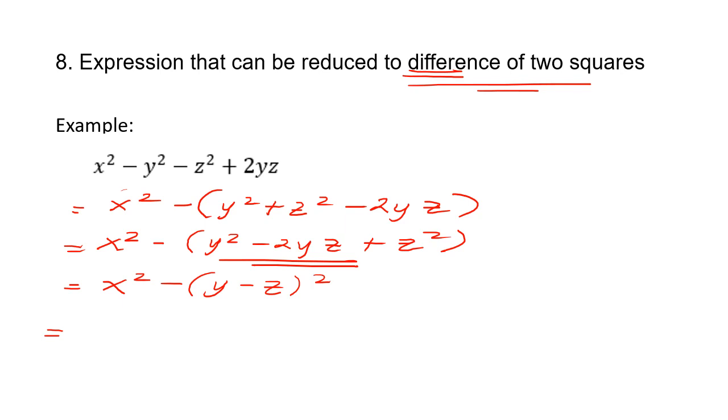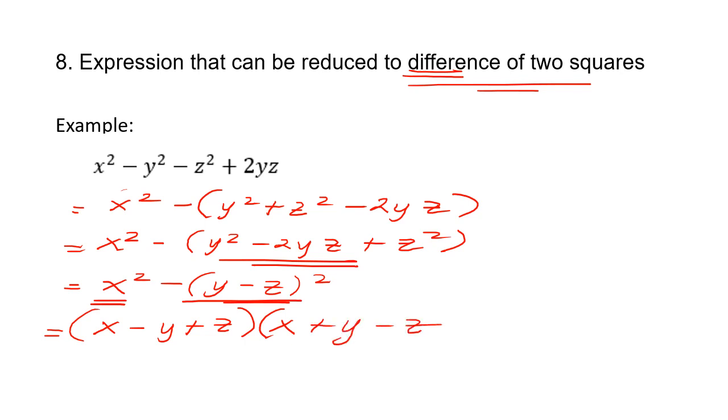So difference of two squares gyapon siya. So this one here is equal to x minus the quantity y minus z, then times x, this is the first term and this is the second term, this is plus na, kasi minus man to. So plus na. Then we have x plus y minus z. So this is now the final answer.